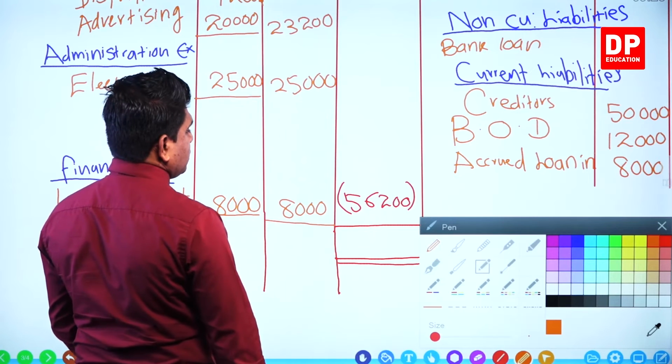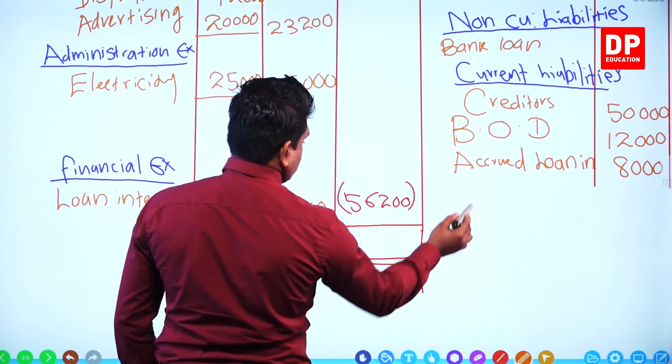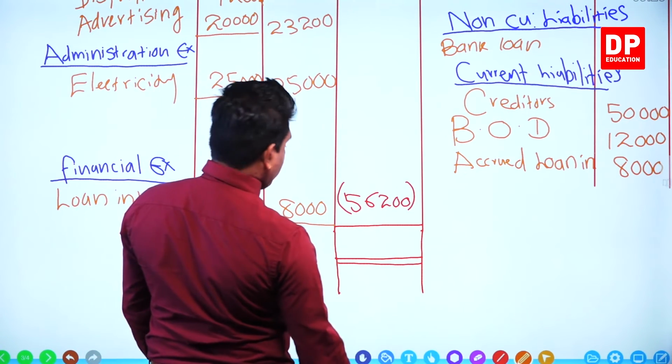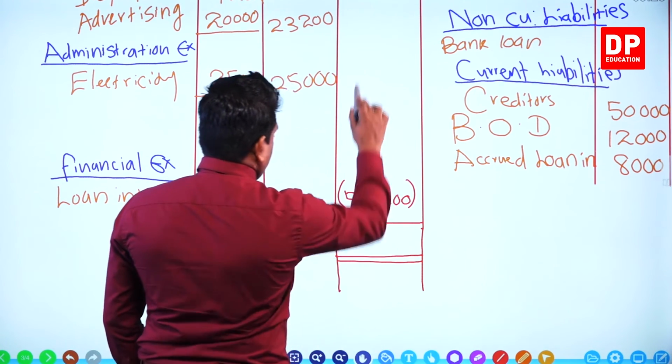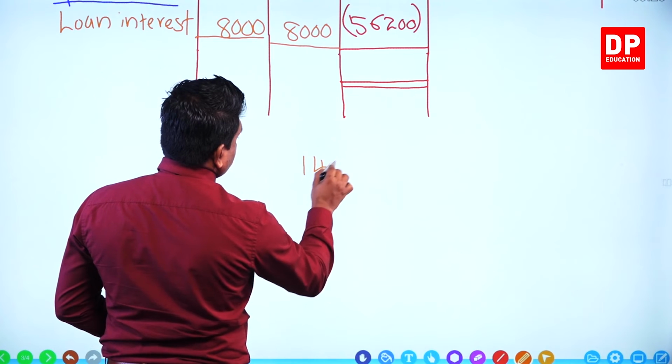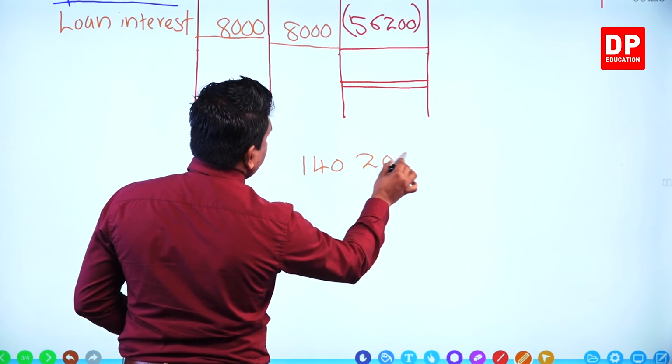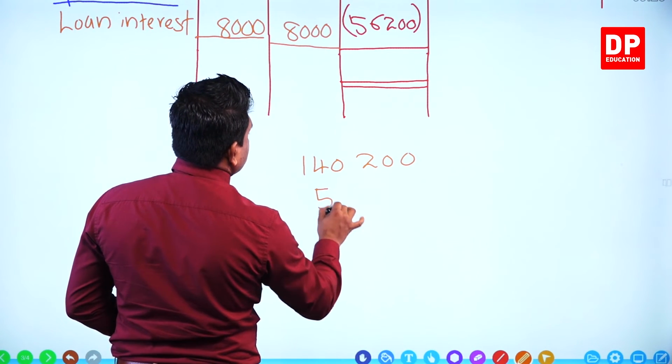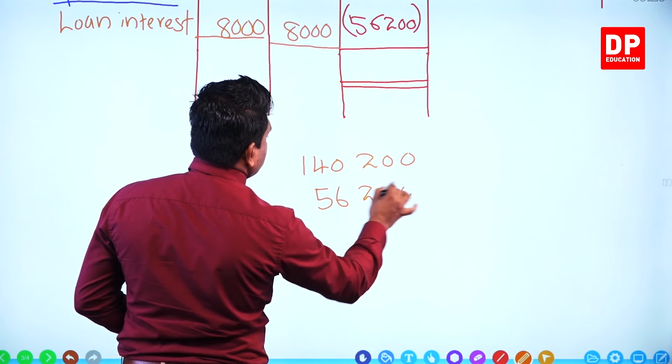Then answer how much? You can do the calculation somewhere. 140,200 minus 56,200. See the value.